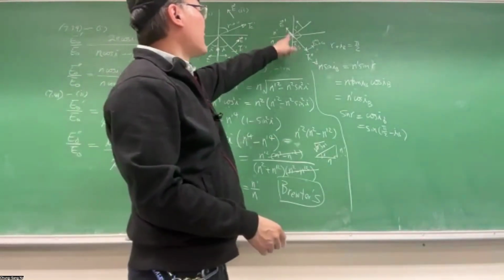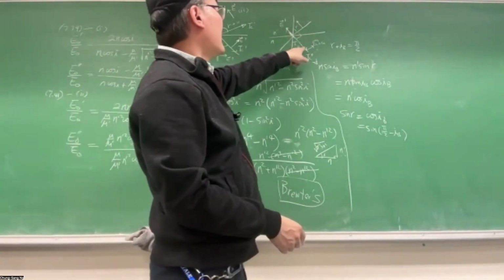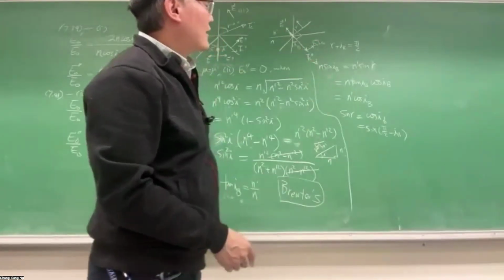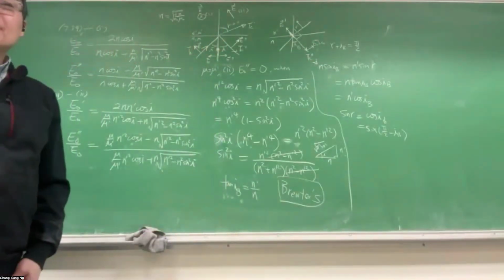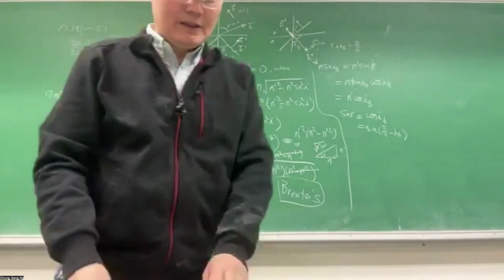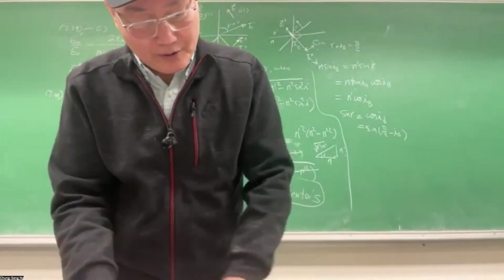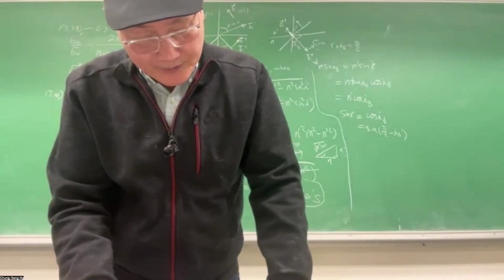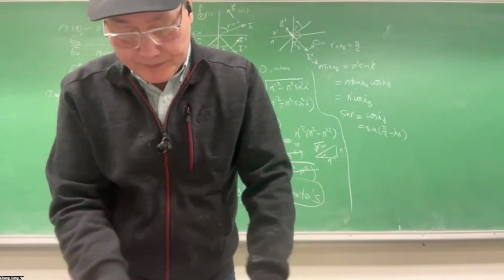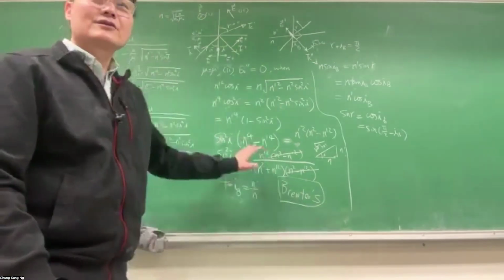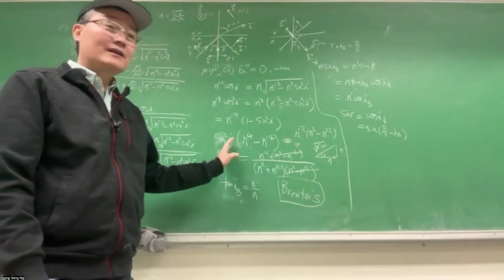So you always have radiation, which gives a non-zero refracted wave. That is the difference between the two cases. So that's the first property.